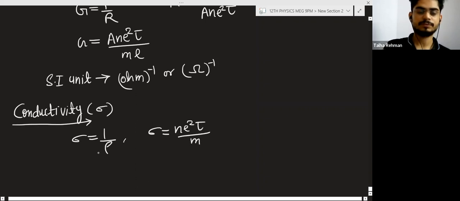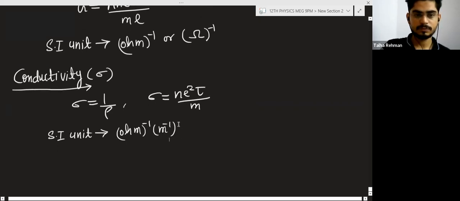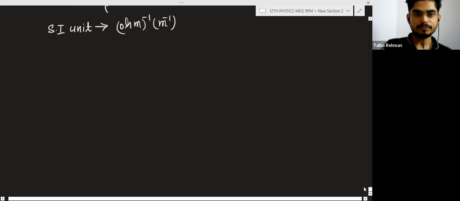The SI unit is ohm inverse meter inverse. So this is the conductivity, inverse of resistivity.